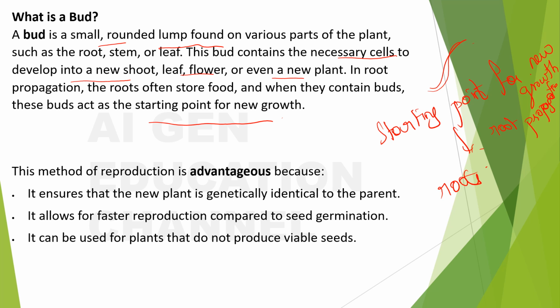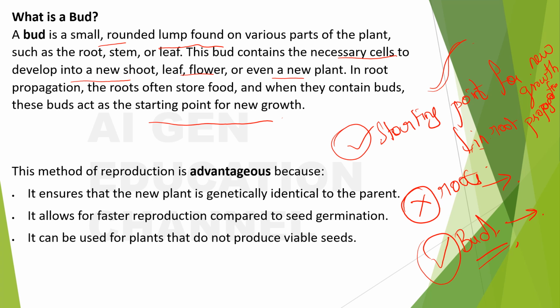Starting point for new growth in root propagation, okay, is not roots. What is it? It is bud. Okay, so it means that though the energy is given by the roots, the shoot will start developing from the bud. Okay, this is an important question and please don't leave this.